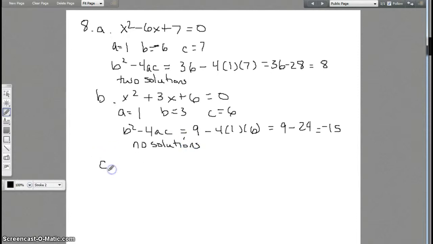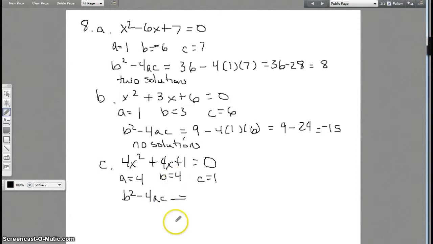Okay, let's look at part C. That says 4x squared plus 4x plus 1 equals 0. So our A is 4, our B is 4, and our C is 1. We need to write out b squared minus 4ac. Our b is 4, so our b squared is not 36, our b squared is 16.